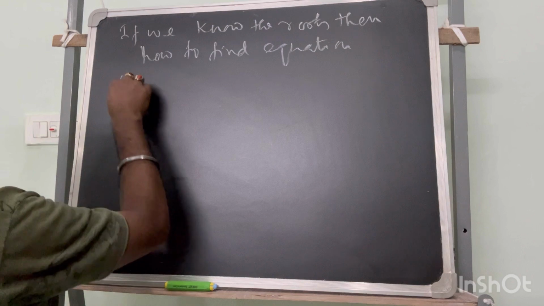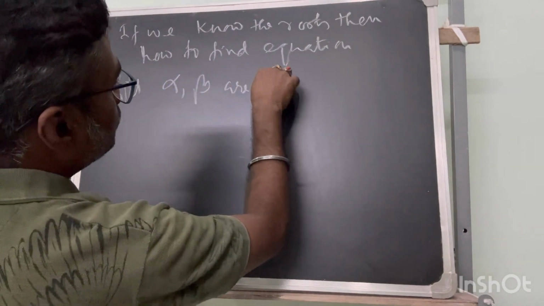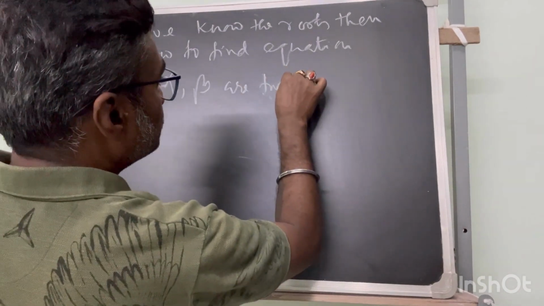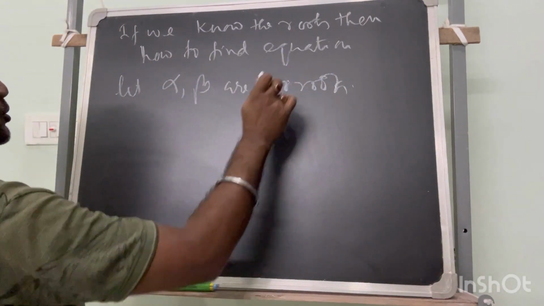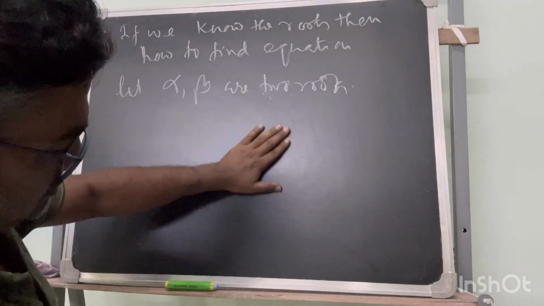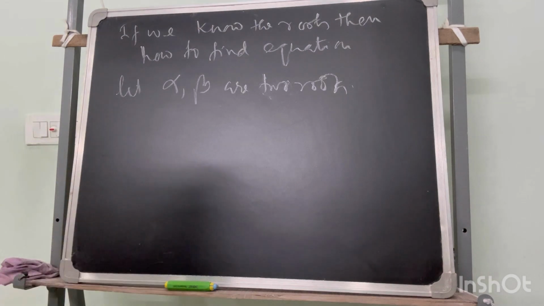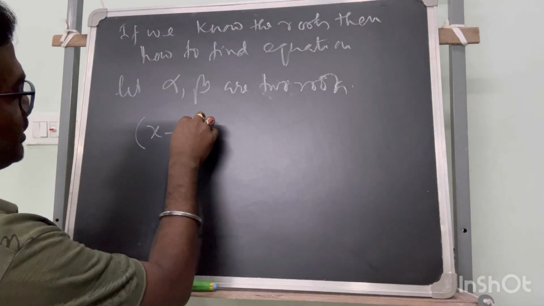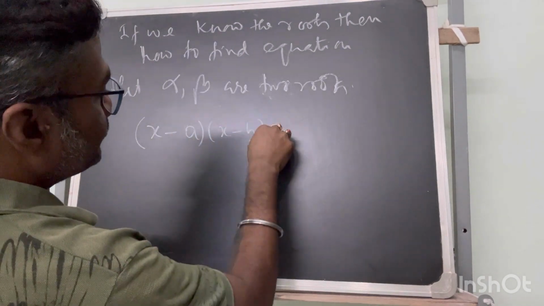So let's say, let alpha and beta be the two roots, or zeros, whatever you say. So now how will you find that? As you have seen already, in the case of an equation, the ultimate goal is to put it in the form x minus a into x minus b is equal to 0.